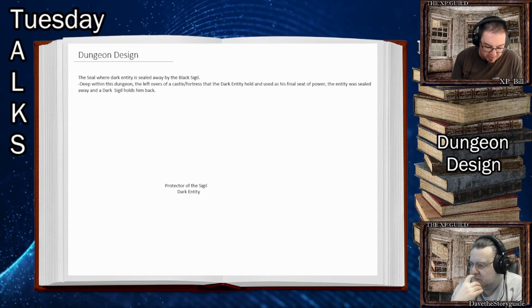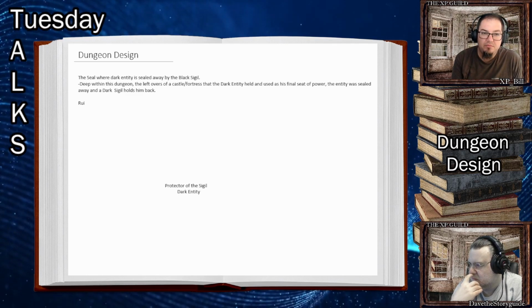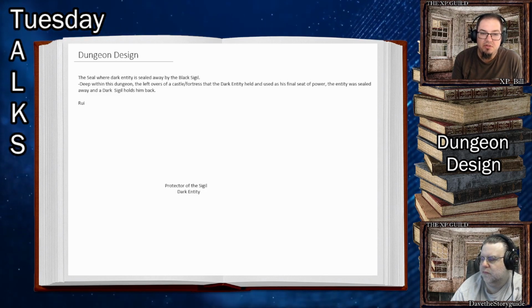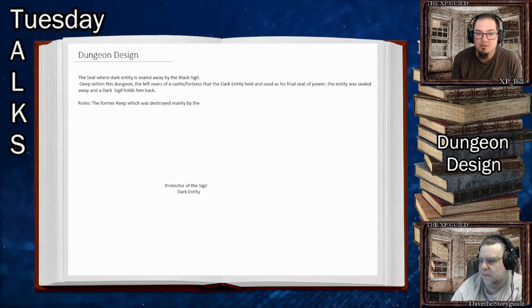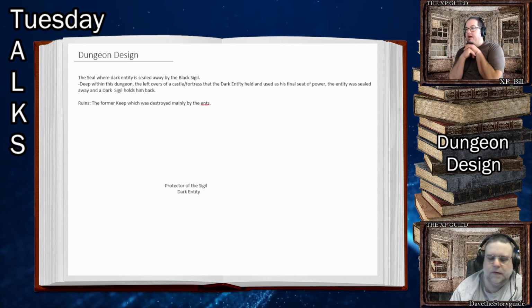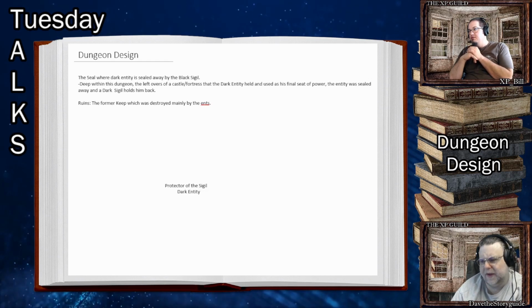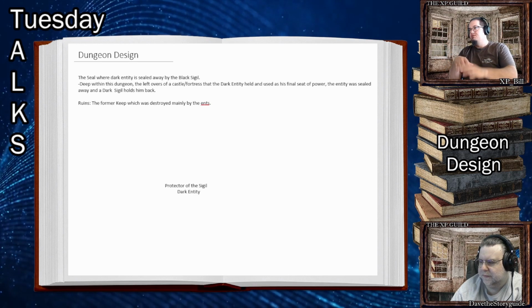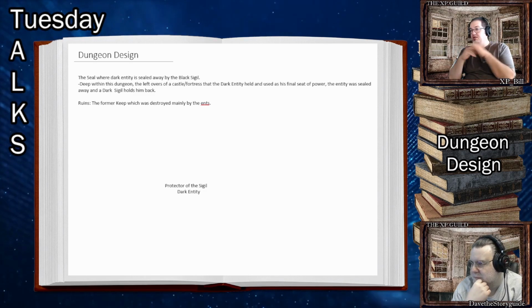Yeah, I'm fine. We kind of had said that there were ruins already, that this was the former keep, which was destroyed mainly by the Ents. You had a cave built into your map, which I just figured was what was left over, the spot where the opening to the downstairs part is all that's been left or excavated after years.